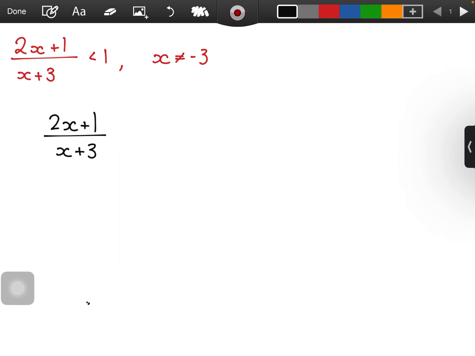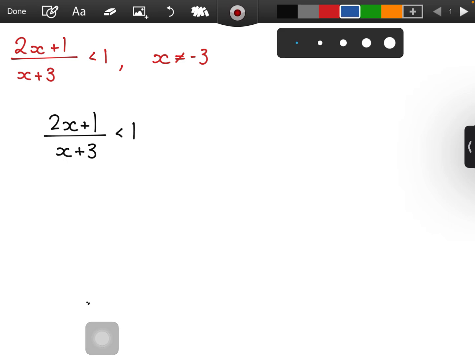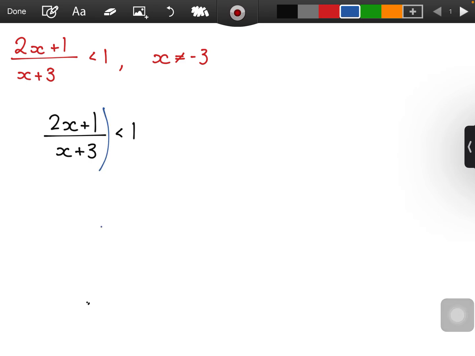That is 2x plus 1 being divided by x plus 3. So how can I get rid of it? Well, to get rid of a thing that's dividing, I just multiply by that thing. In a normal case, if this was an equality, I would just multiply across by x plus 3 and multiply the right hand side by x plus 3 too.